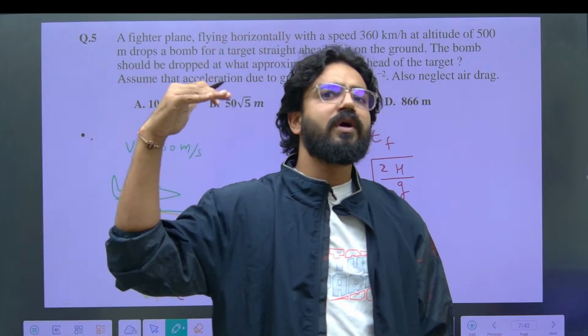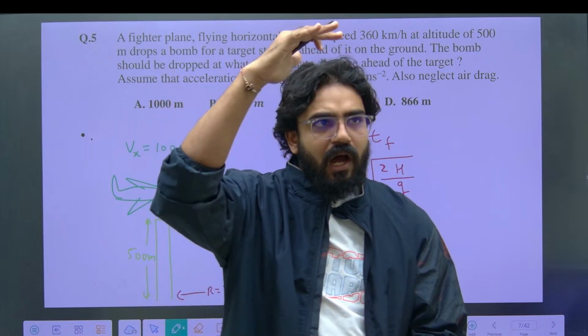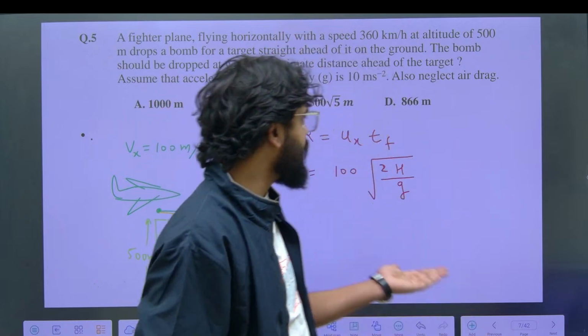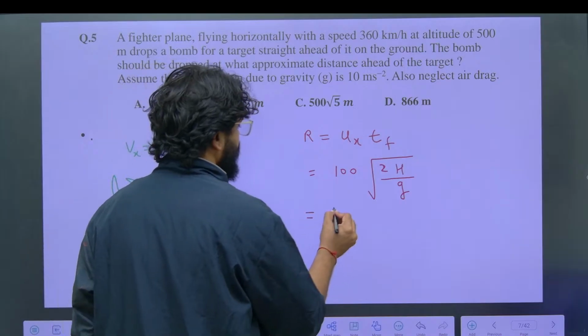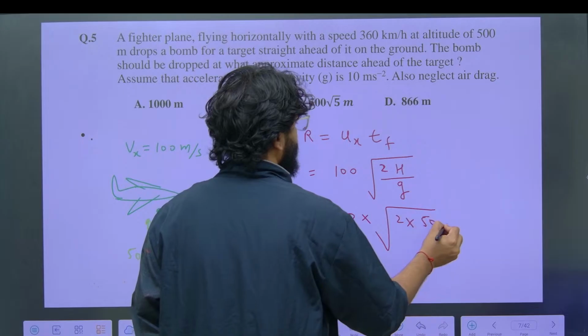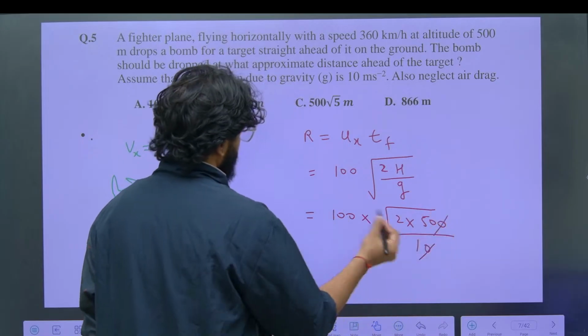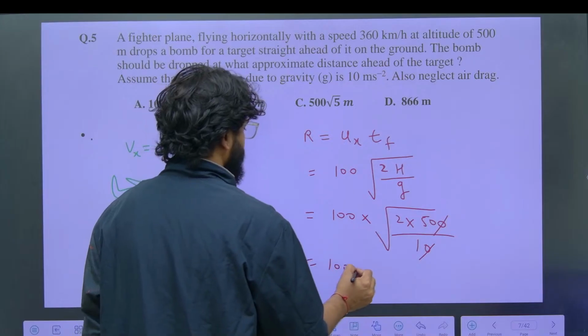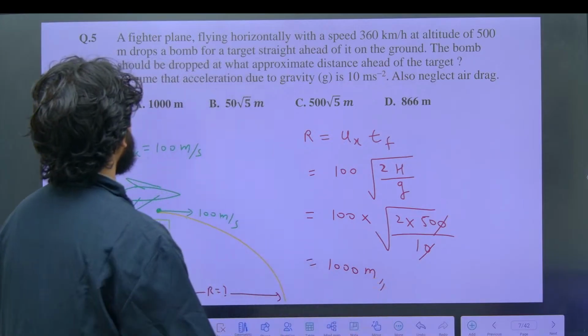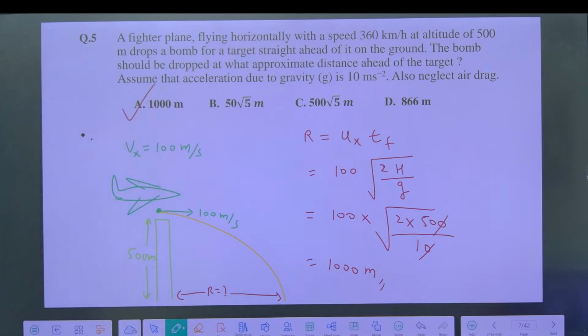When we throw any projectile in the horizontal direction, the time it takes to hit the ground is under root 2h by g. So 100 into under root of 2 into 500 divided by 10. It's a very good number: it will be 1000 meters. So the answer here is 1000 meters.